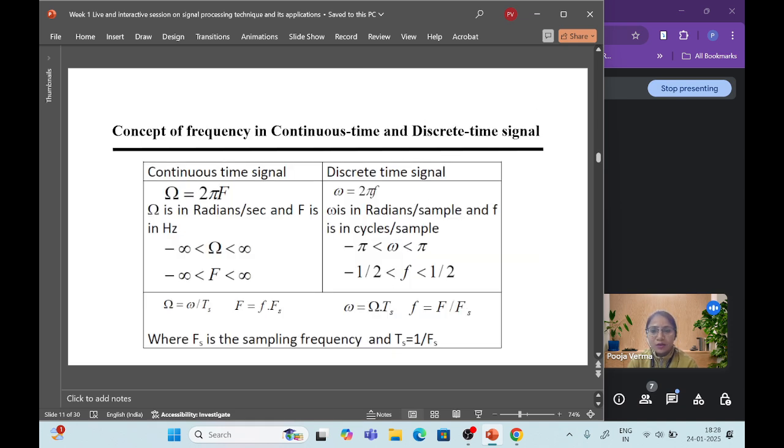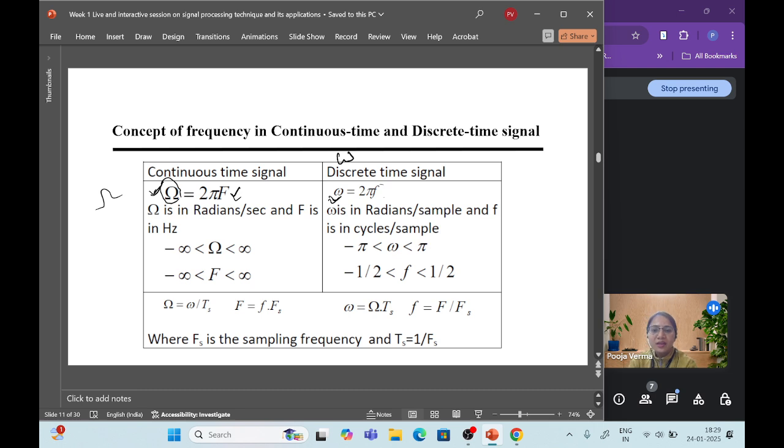Now, the next one is the concept of frequency in continuous time and discrete time. In continuous time, omega is represented by this omega, and in discrete time it is represented by this one, also called omega, you can say W. Here F is capital in continuous time, and in discrete time f is a small letter.